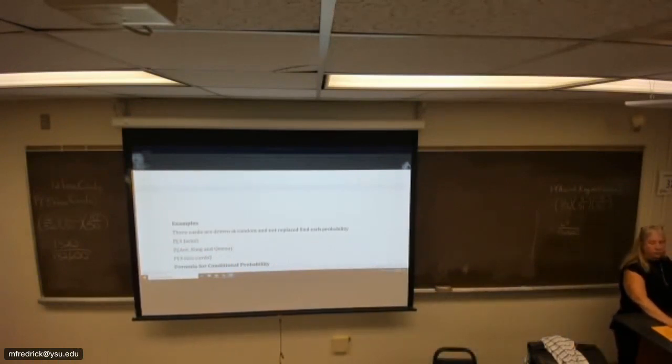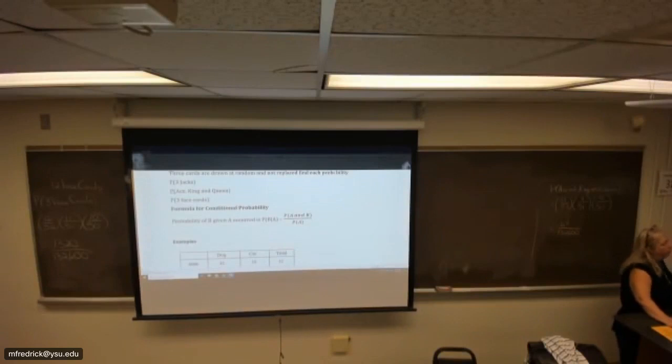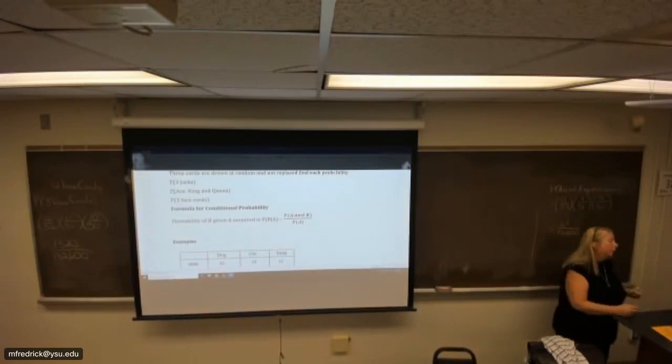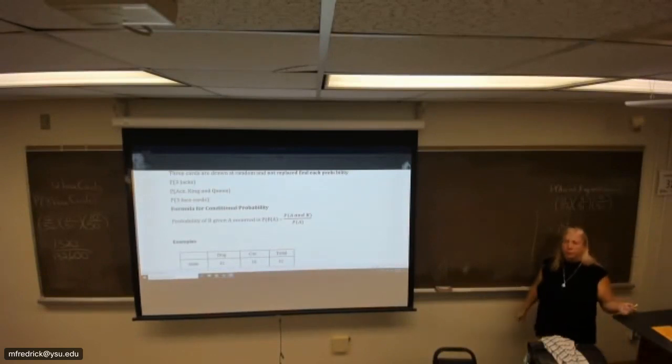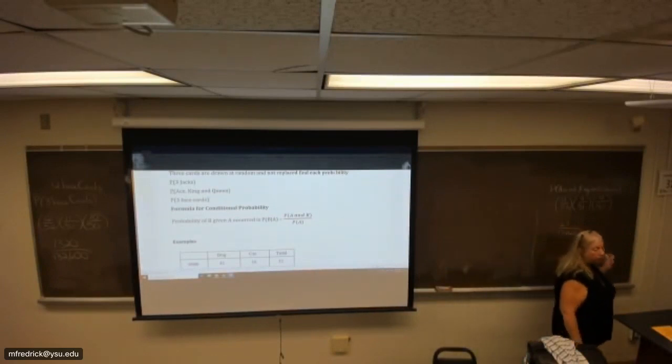Any questions? Now, the probability of B given A, it does have a formula. You take the probability of A and B and you divide by the probability of A. A is the given part.